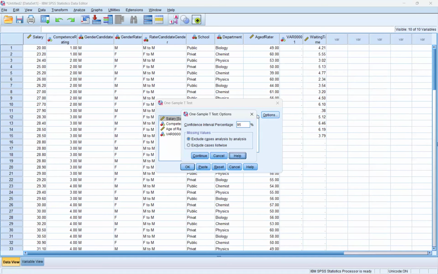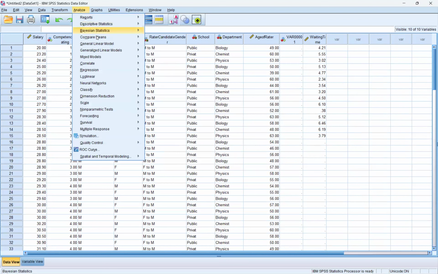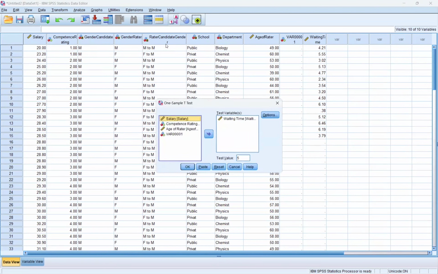What is this coming up? There is no single tail. Then how will you do single tail? Analyze, Compare Means, One Sample. But here it is doing for both tails. We need to do it only for single tail.